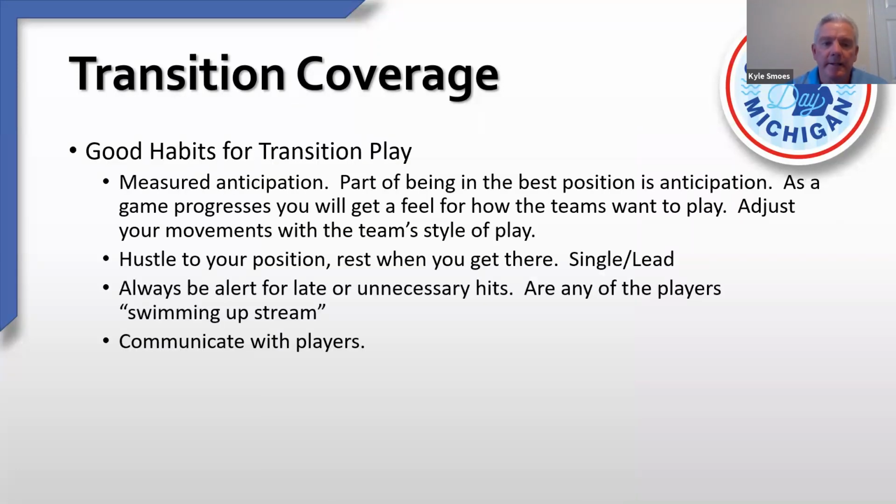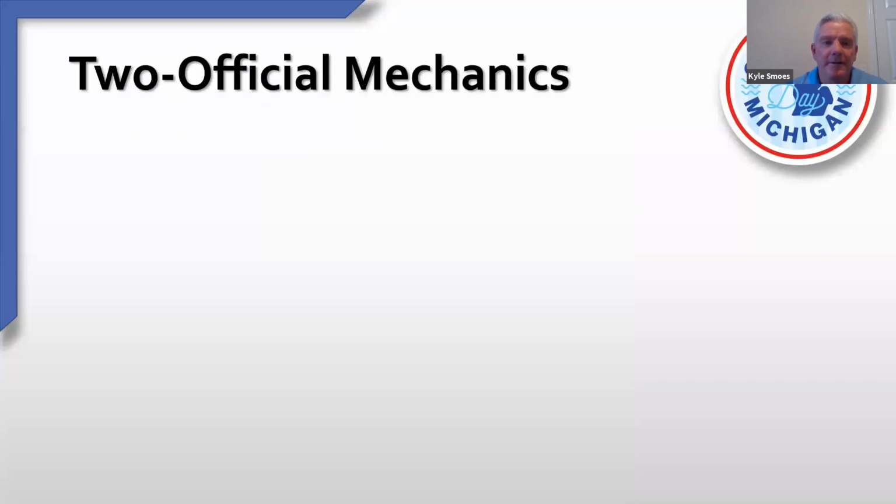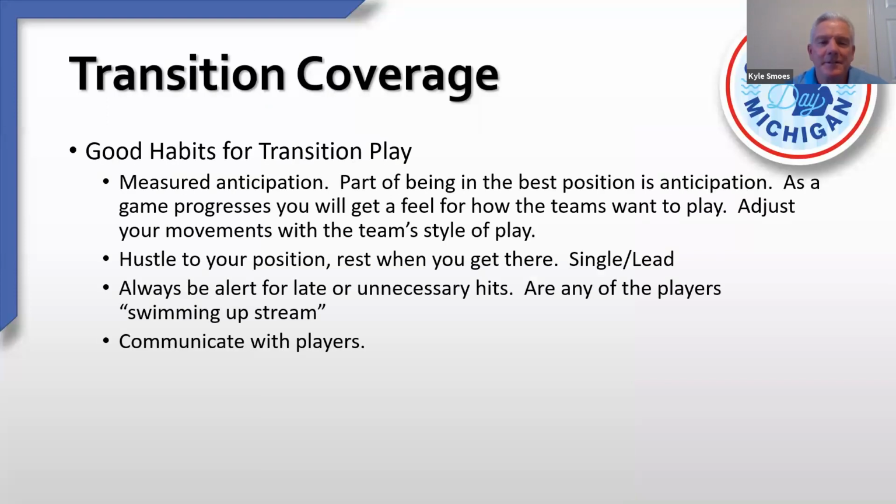And then here we have, whoops, I'm going to go back. There we go. Good habit in transition play, as we talked about, is measured anticipation, especially for teams that can get up and down the field. Part of being in the best position is anticipating, as the game progresses, what kind of teams you have.